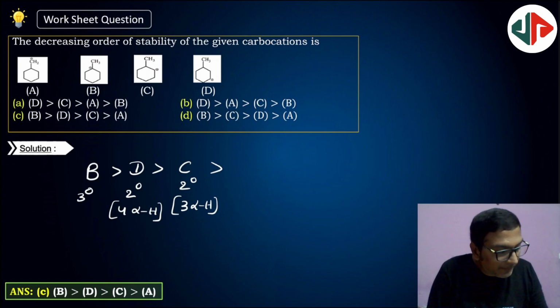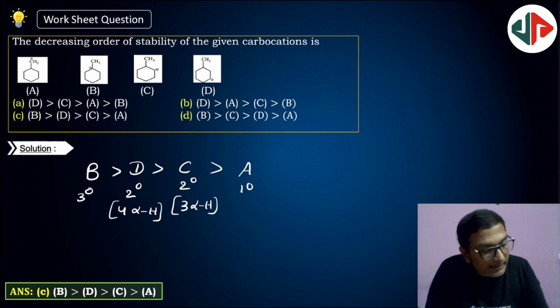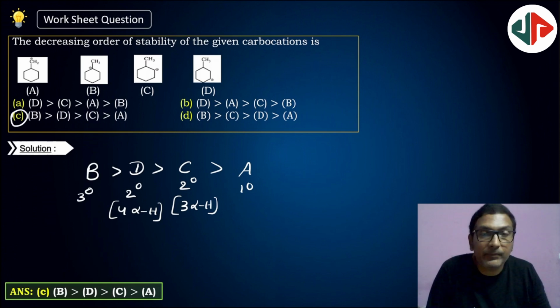After that, A is primary. This is the stability order: B, D, C, A. So option C. Based on the number of alpha hydrogens, stability is directly proportional to the number of alpha hydrogens. Next.